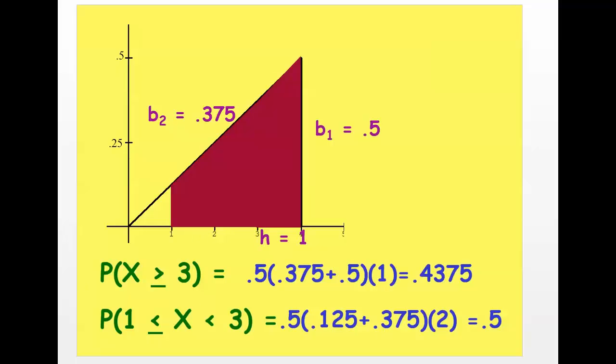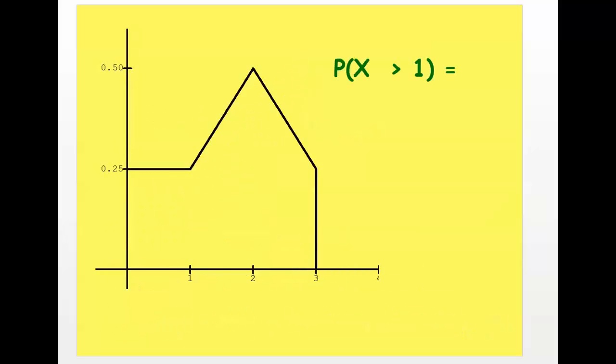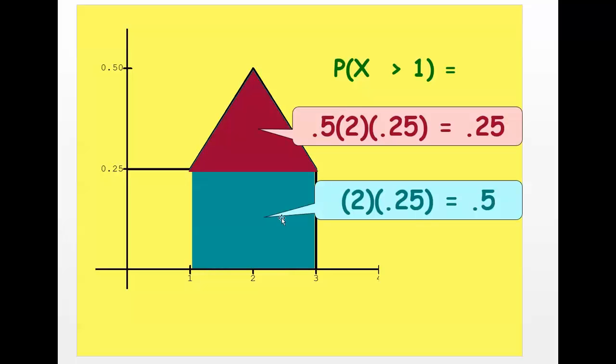Okay, let's change shapes. For this strange looking object, I would like to know the probability of anything greater than 1. So think about what kind of shapes make that up. It looks like a square and maybe a triangle region.